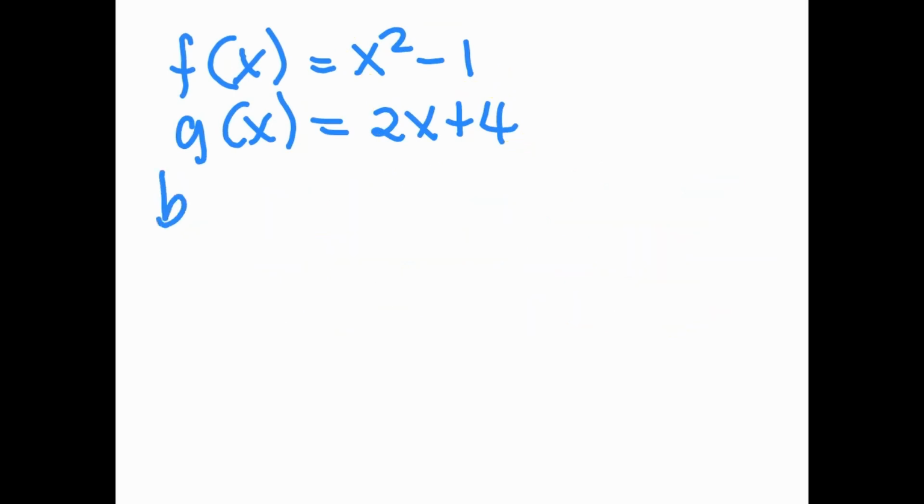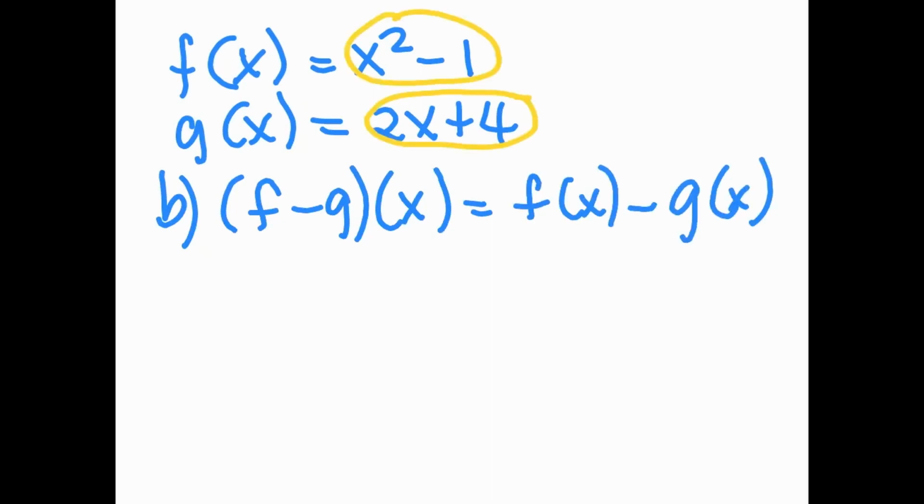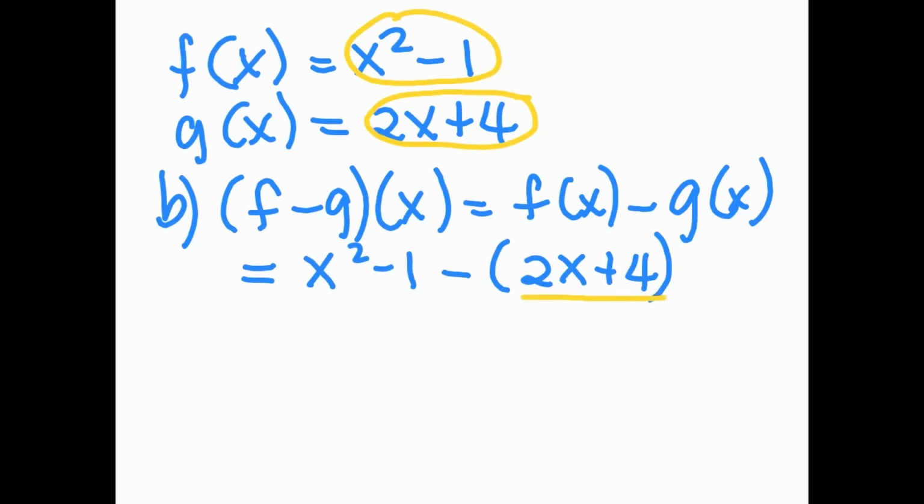Now, for the difference f minus g of x, of course, this will just be equal to f of x minus g of x. So, this will now be x squared minus 1 minus the quantity 2x plus 4. Now, I want to emphasize here that, again, when we are subtracting this whole quantity from this one, we should be careful with this negative sign.